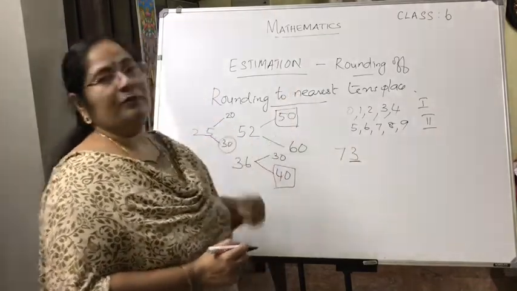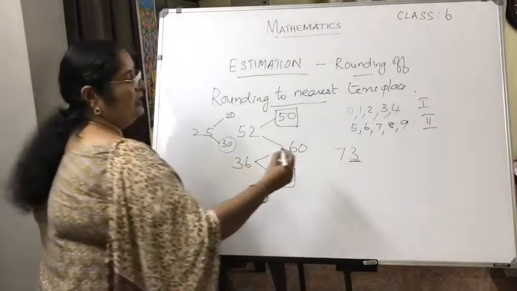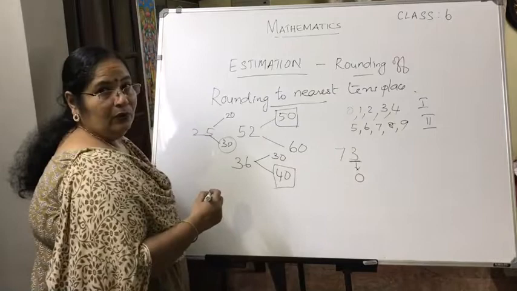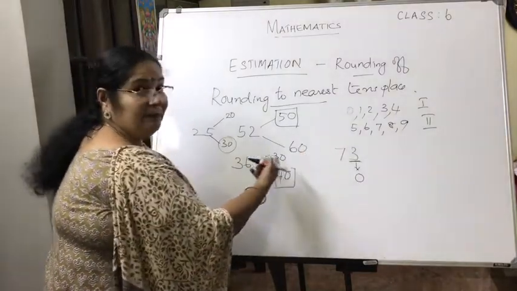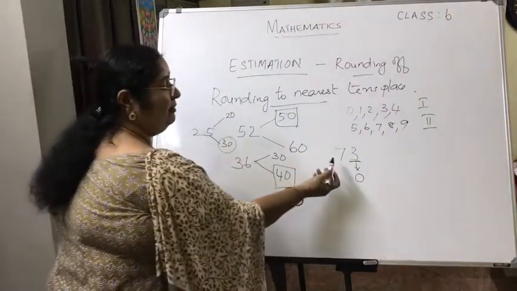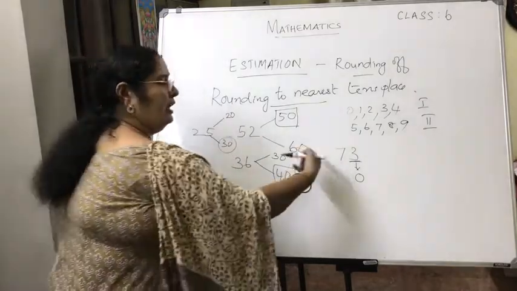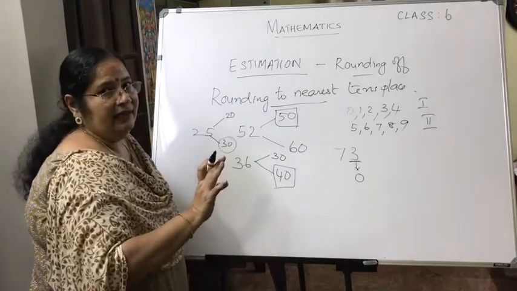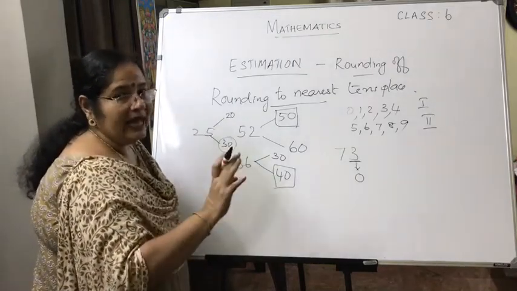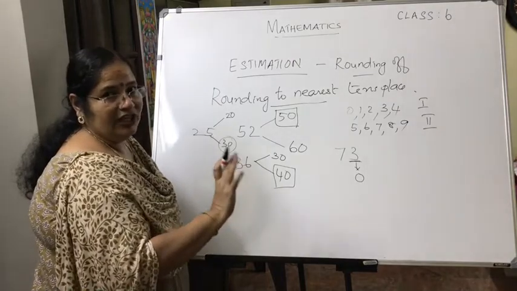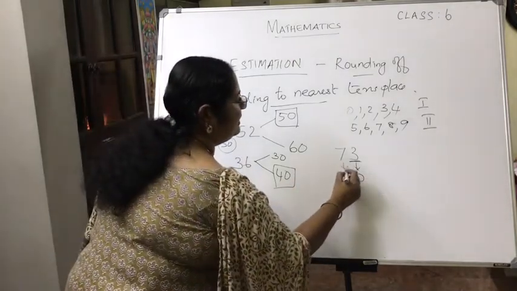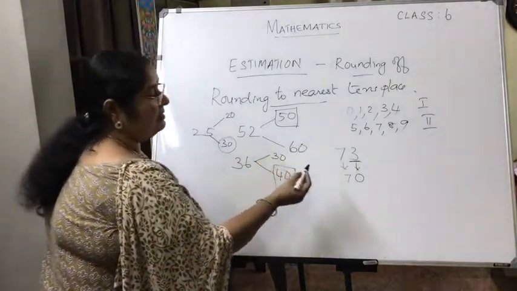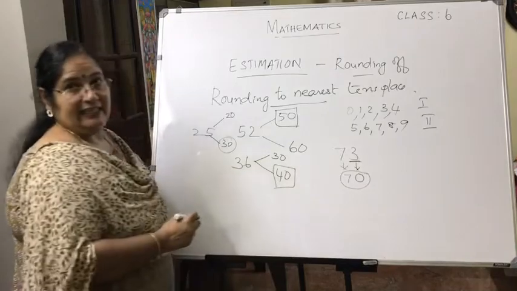Now for the first group digits, you will change the ones place digit to 0, keeping the other place digits. Here only one place is there. Suppose you are having more places towards the left, whatever digit is there, you will keep it as it is. You will not change it. So what will be the digit in tens place? 7. So 73 when rounded to the nearest tens place will be 70.